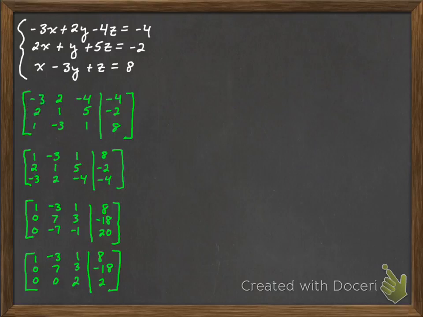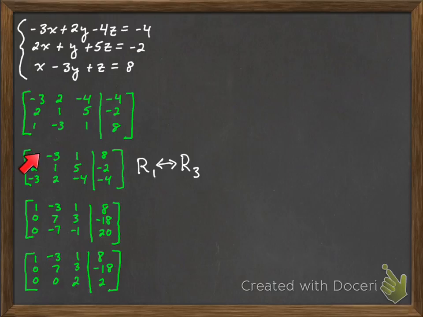So the notation for that is row 1 is going to go to row 3, and row 3 is going to go to row 1. So we're just swapping rows. What that does is it gives us this 1 that we need right here.